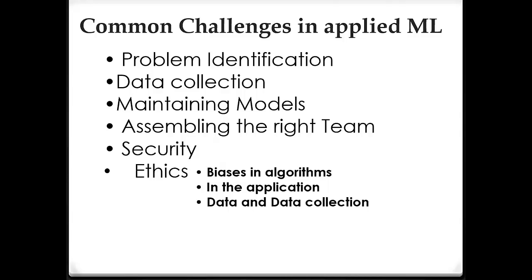And then the other problem is maintaining models. This is difficult because we live in a dynamic world, and every time the data keeps changing. So models have to be maintained. They have to be updated according to how the dynamics are changing. And then the other issue is assembling the right team. Applied machine learning is not just about a team of data scientists or AI engineers, but I believe it's more than that.